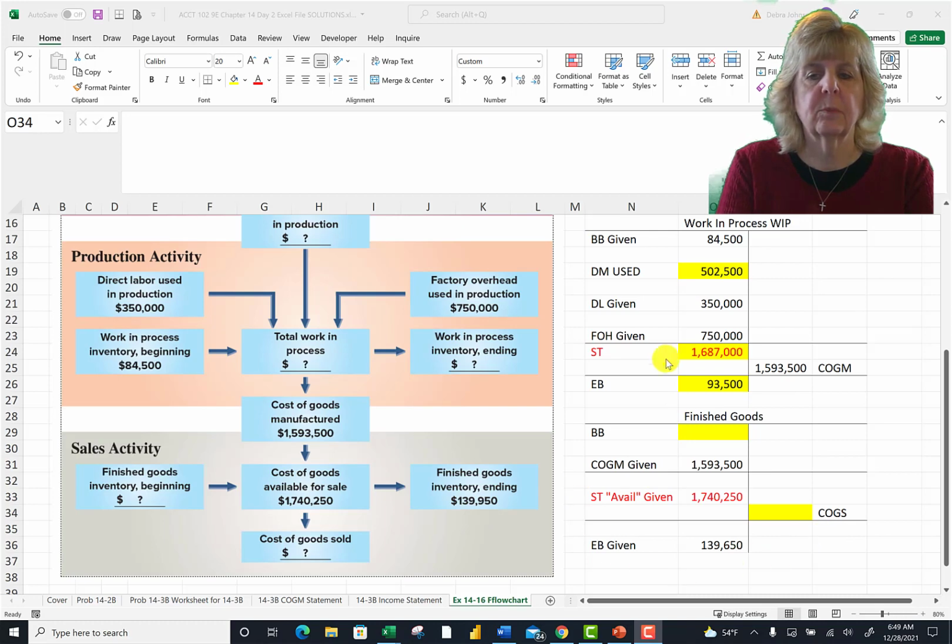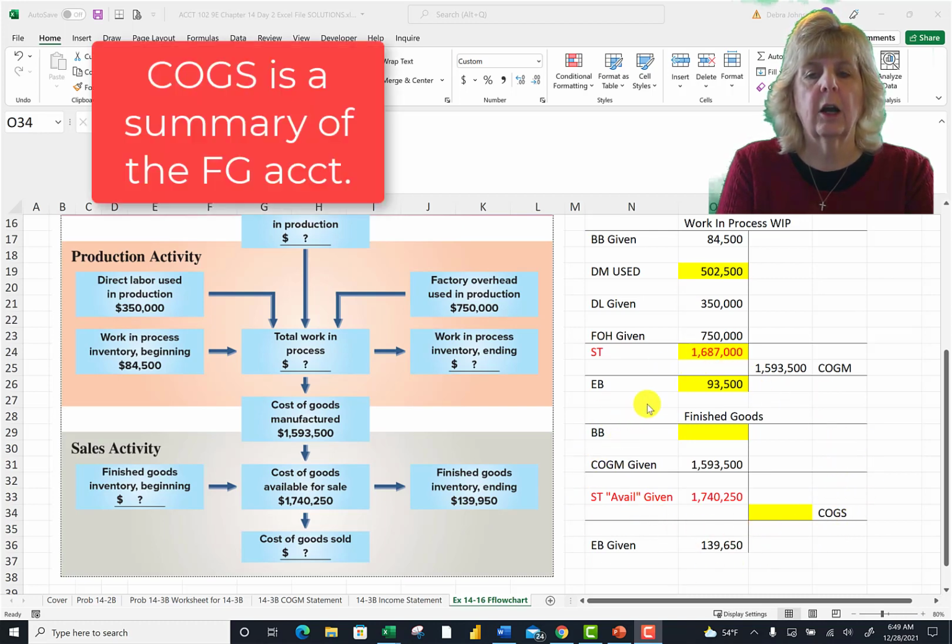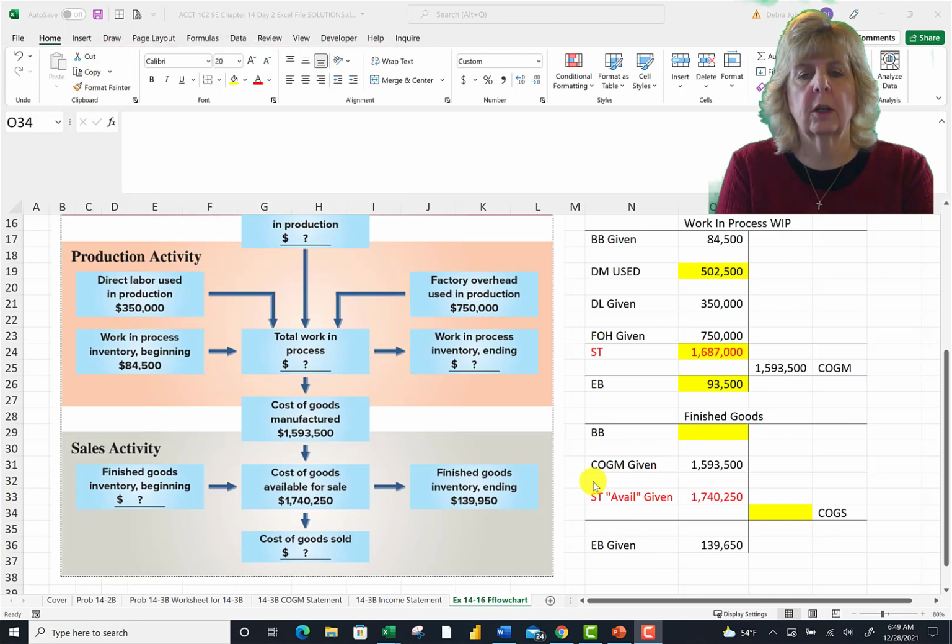We've discussed previously that cost of goods sold is really just a summary of the finished goods. So on the screen, you'll see that I've created the finished goods account, and I've put in all the various components, some of which are given and some of which are missing.